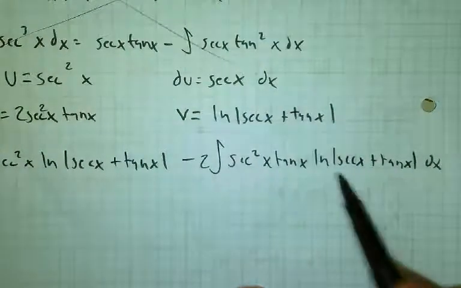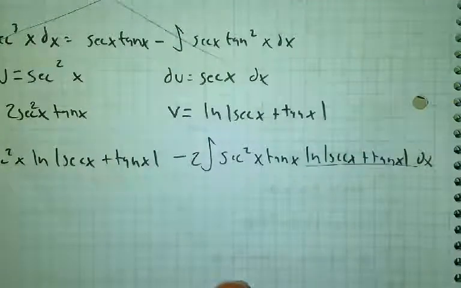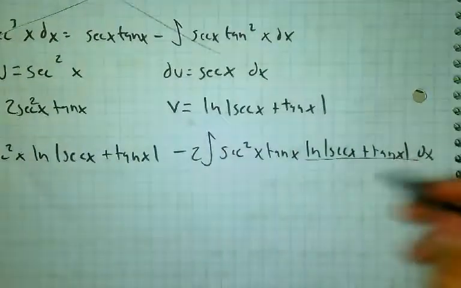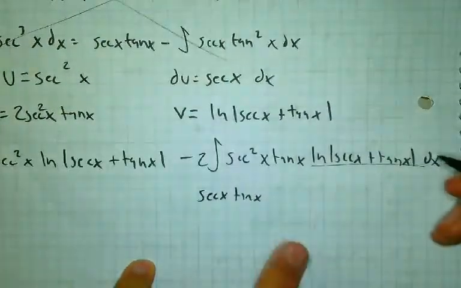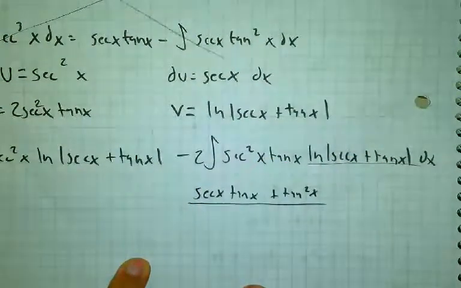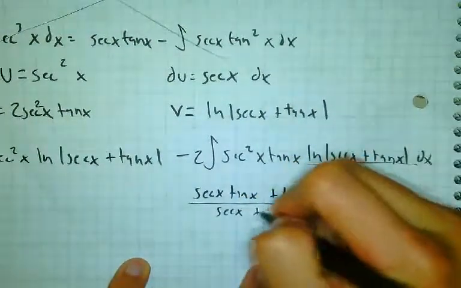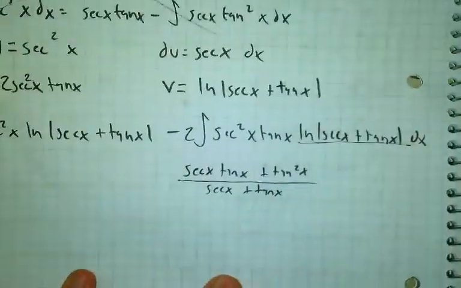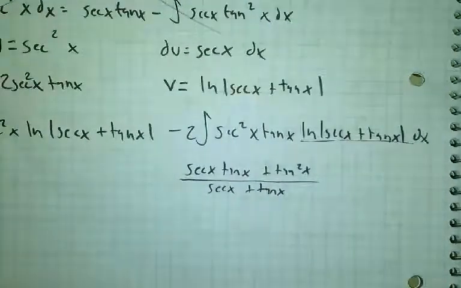Unless, hold on, is the derivative of that secant x tangent x plus tangent squared, divided by secant x plus tangent x? Right? So for this one, no, it's not going to work out.